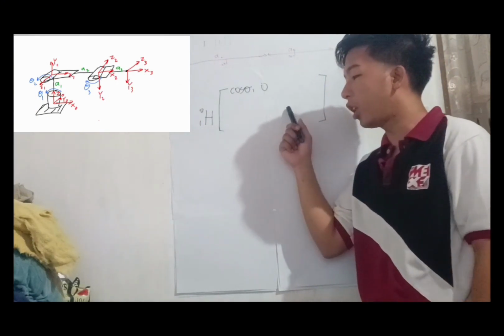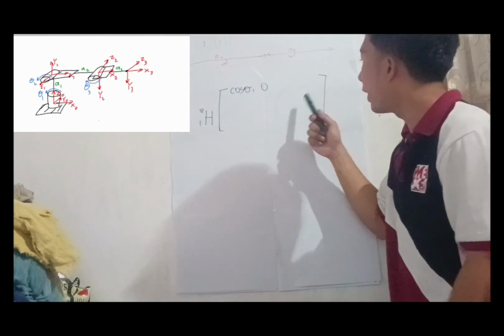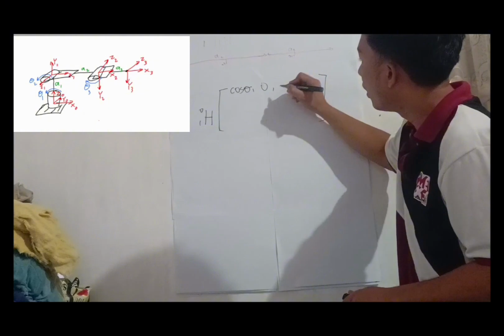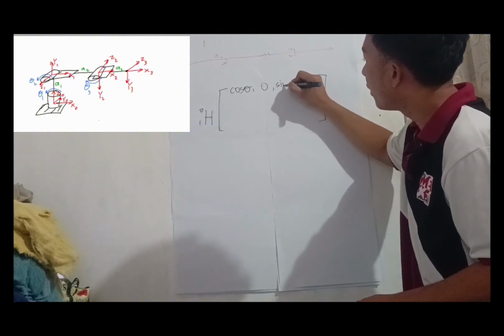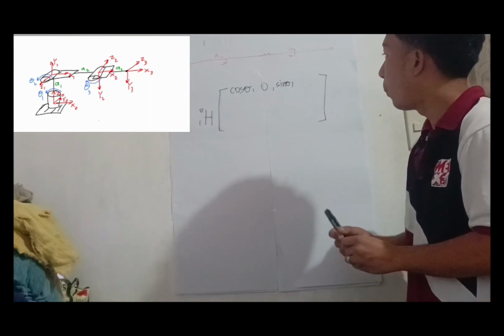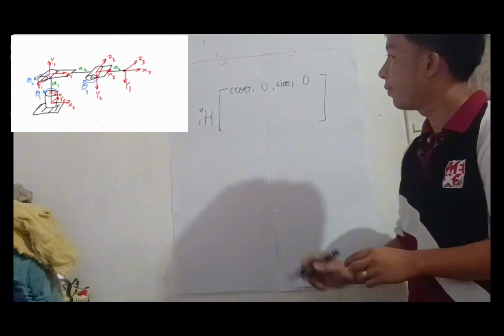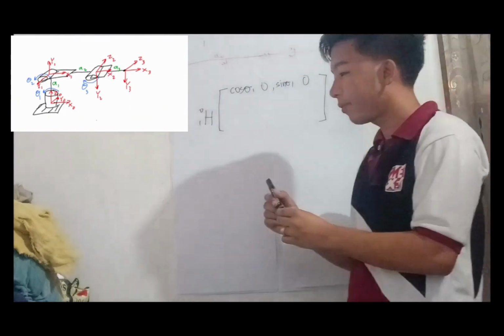This is the distance along the x-axis of the base frame, which represents the link length. So, this is sin theta 1. The fourth row is 0.